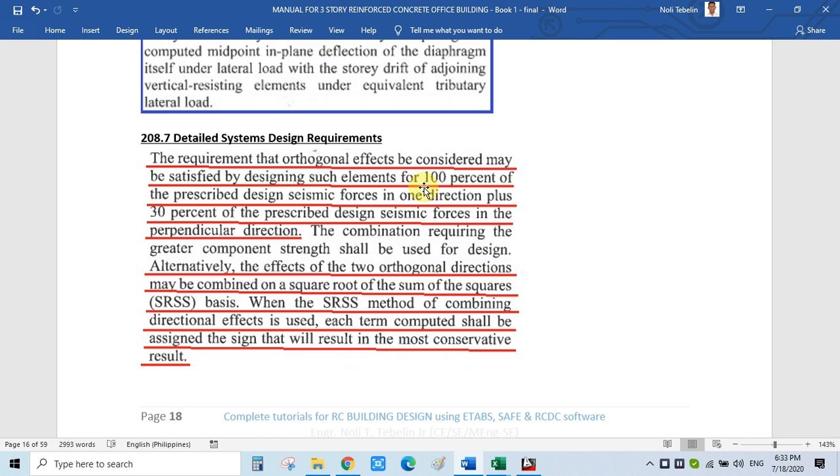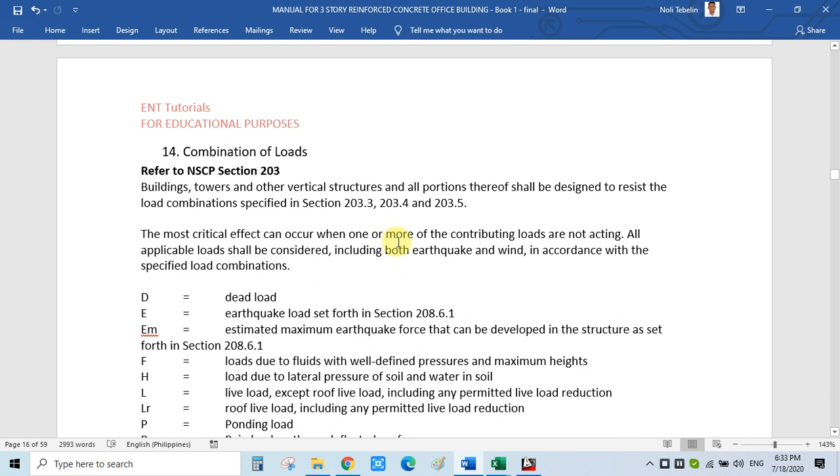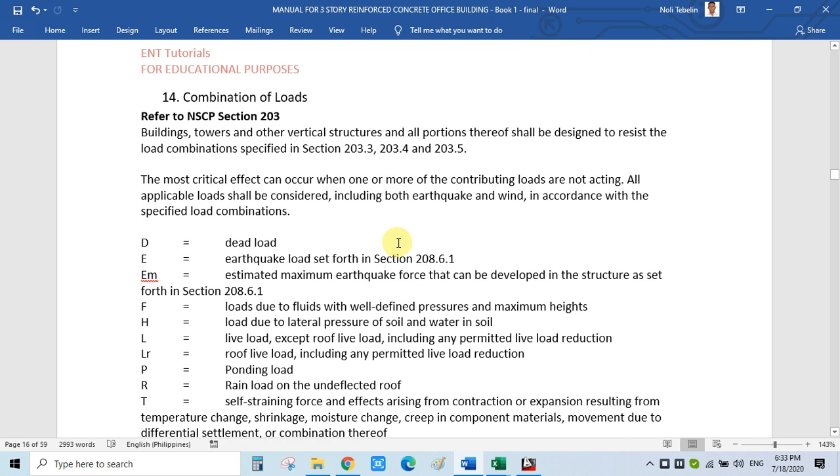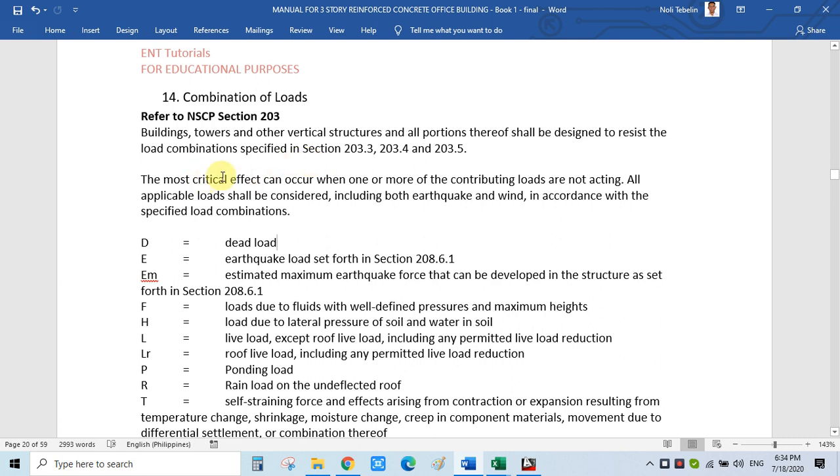And dito, we have referred to in NSCP, section 203. So we have this. So meron dito nakalagay, the most critical effect can occur when one or more of the contributing loads are not acting.